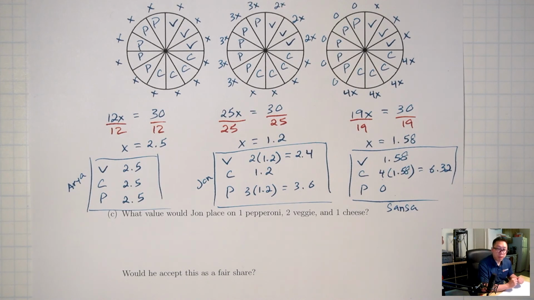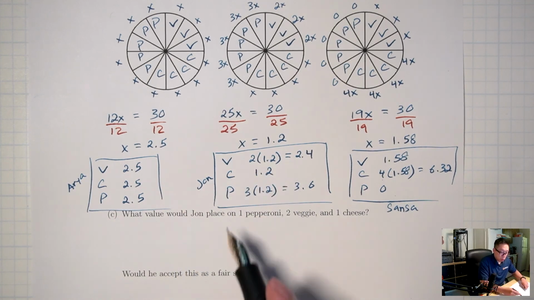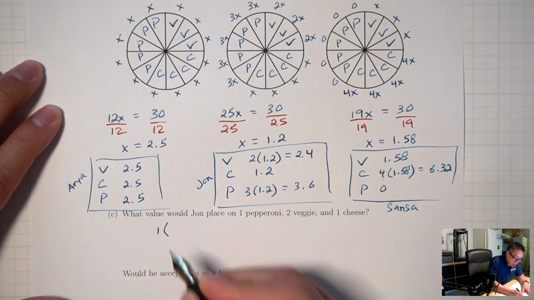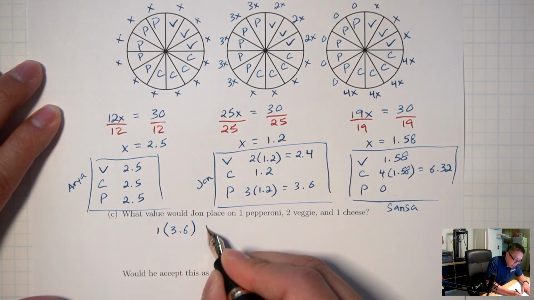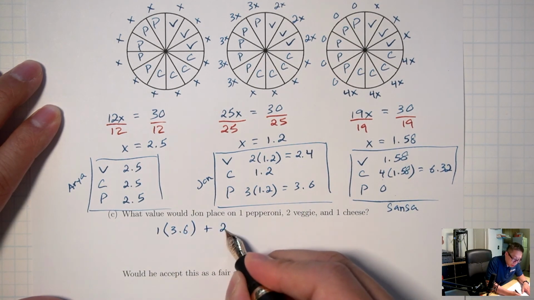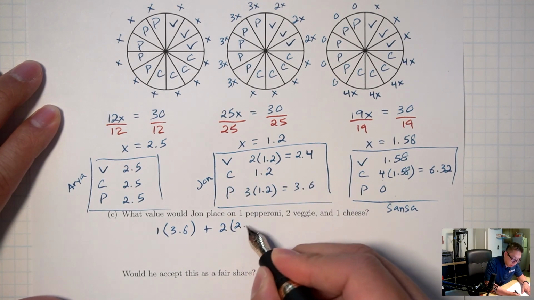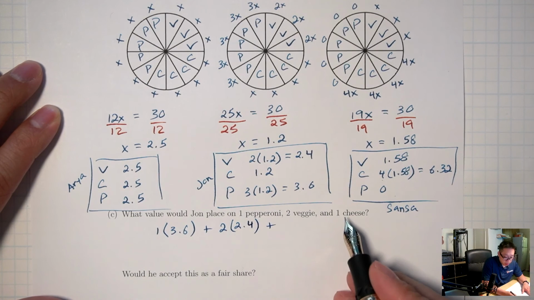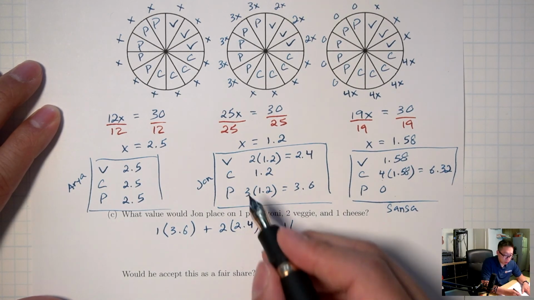All right. Part C. What value would John place on 1 pepperoni, 2 veggie, and 1 cheese? So we're going to use John's values. 1 pepperoni, so 1 times his value for pepperoni, which is 3.6, plus 2 veggie, so 2 times his value of a veggie slice, which is 2.4, plus 1 cheese, 1 times what he values cheese, so 1 times 1.2.